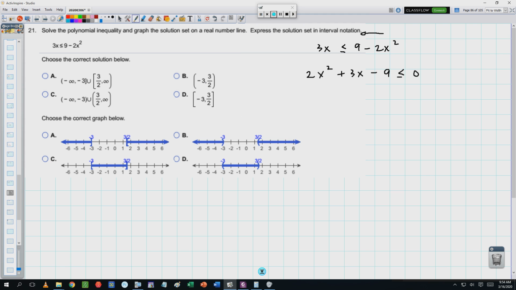And I'm going to solve this as if it's an equal sign and find these critical points on my graph. It most likely is factorable, but I'm going to do the quadratic formula. Negative b plus or minus the square root of b squared minus 4 times a times c, over 2a.